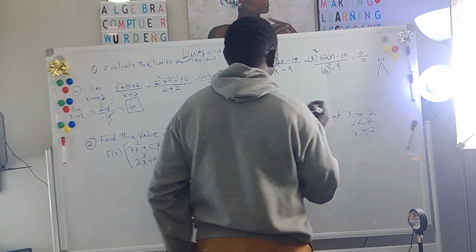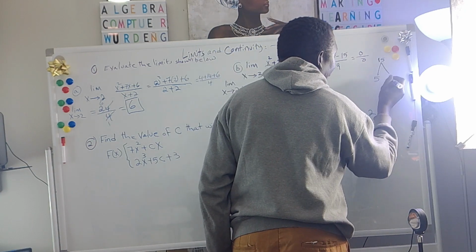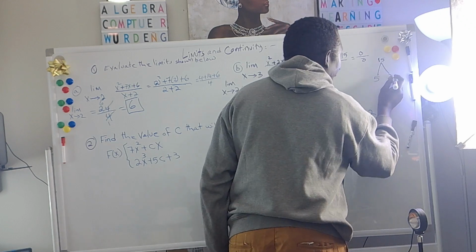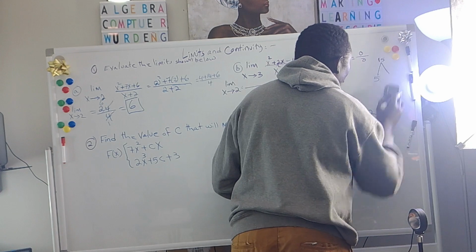Since 2 is positive, the bigger number here will be 5. The two numbers we have will be 5 and 3.